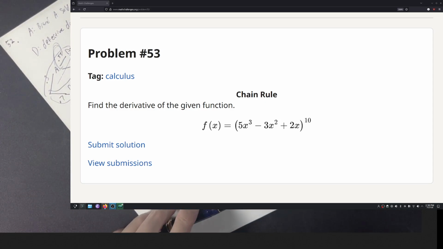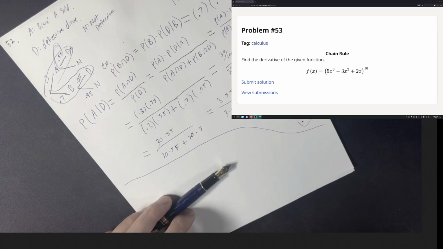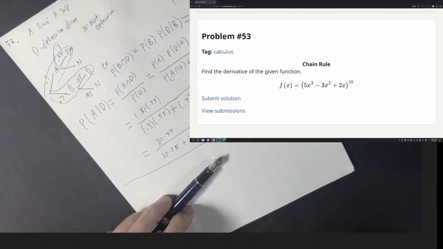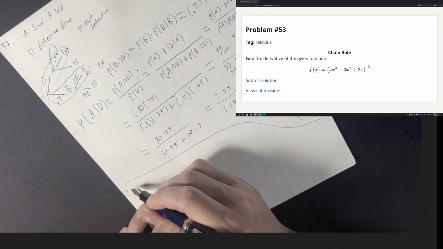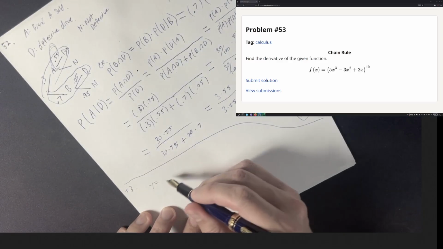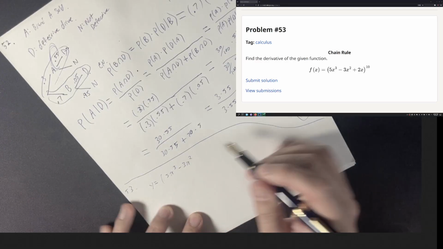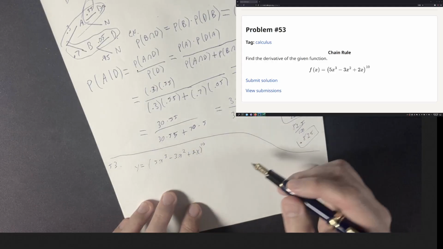I'm not going to spend much time on this one. You just got another chain rule and your basic power rule stuff. What is that? 5x cubed minus 3x squared. Anyway, let's just do this one quick. So we're looking at 53. It's a calc question. The function is stuff to the 10. Anyway, here goes.